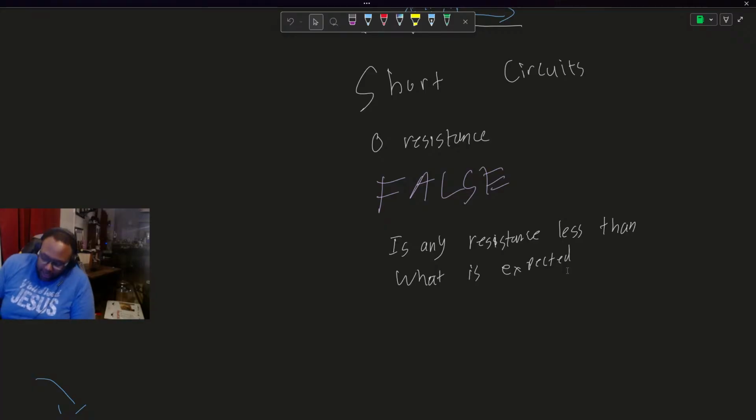As an example, if I have a 10K resistor, and let's say it's within a 1% tolerance, because that makes it easier for me.